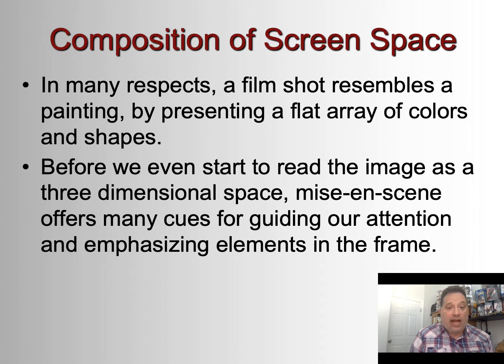They present a flat array of colors and shapes. So before we even start to read the image as three-dimensional, which is what film and television is trying to represent or give the illusion of, mise en scène offers many cues for guiding our attention and emphasizing elements in the frame.